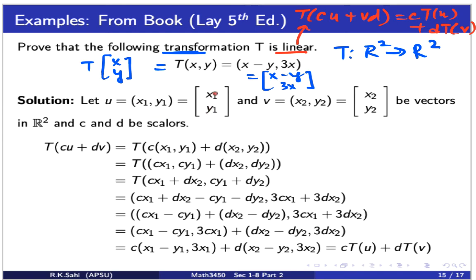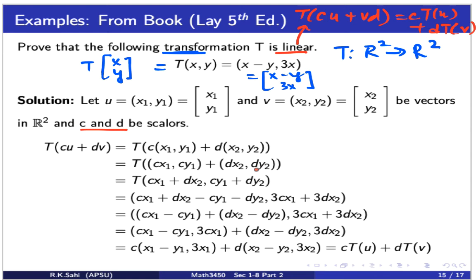It can also be written as a column vector. And another vector v in R2, x2, y2. And I'm taking two scalars, c and d. So T of cu plus dv is T of c times (x1, y1) plus d times (x2, y2). Now c is a scalar multiplied to every element inside the vector. So it is cx1, cy1. Similarly for dx2 and dy2.